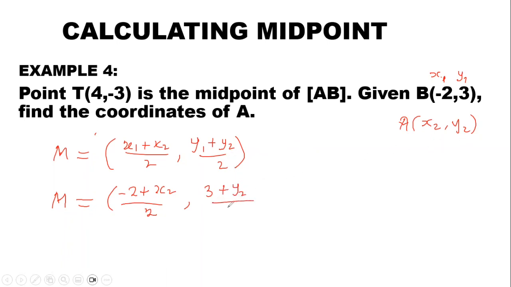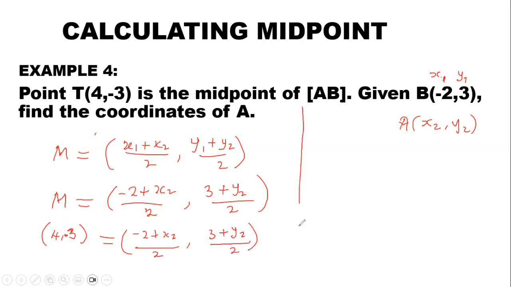But in this question, we are given the midpoint. So we are told that the midpoint is (4, -3). So we can write that (4, -3) is equal to ((-2 plus x2) all over 2, comma, (3 plus y2) all over 2).